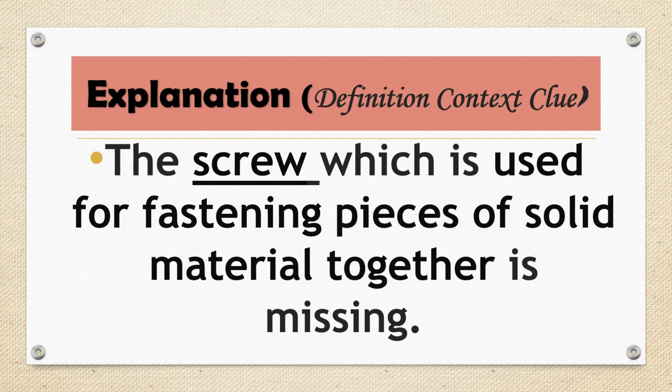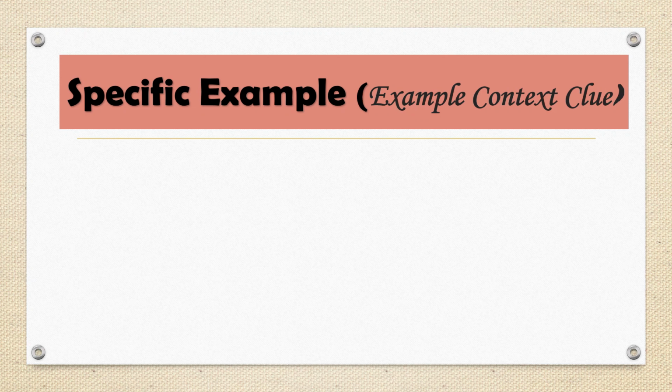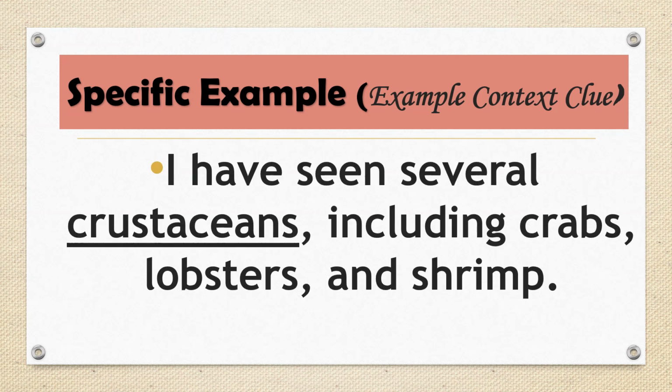And screw is being described as a thing or a tool that is used to fasten pieces of solid material together. Lastly, we have a specific example. So in here, we are giving examples to define the unfamiliar word. Example: I have seen several crustaceans including crabs, lobsters, and shrimp.